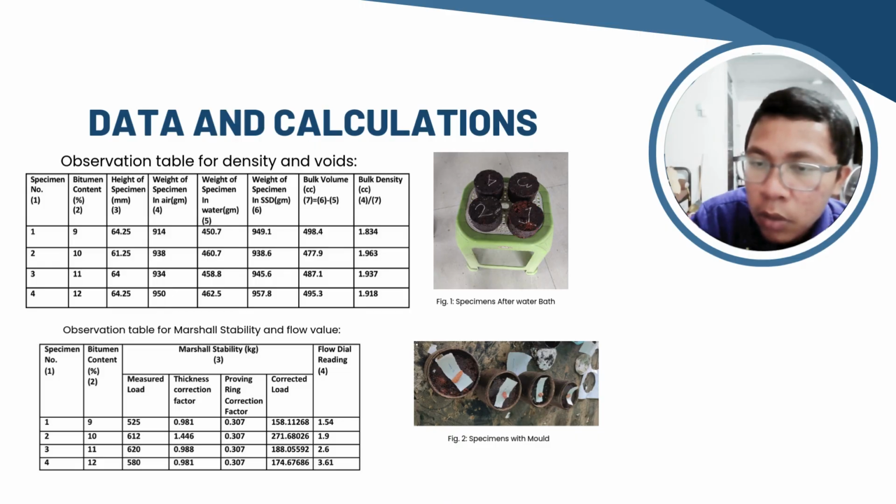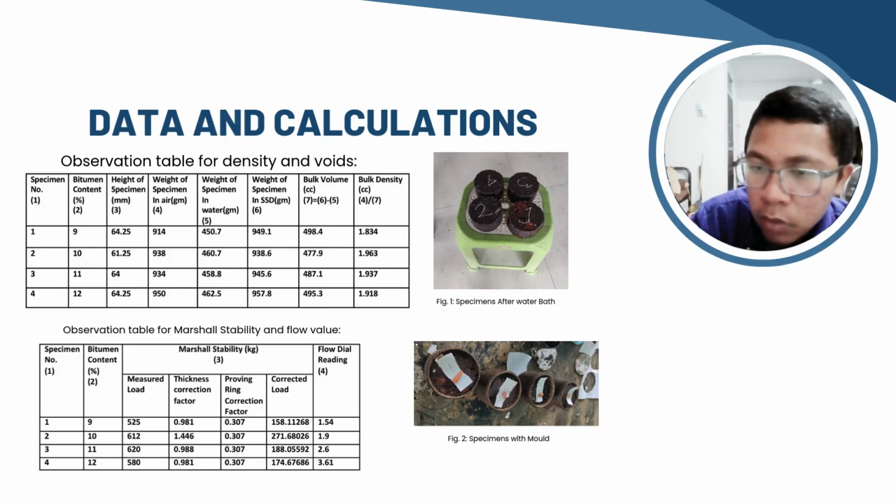The corrected load, representing the Marshall stability, varies across the specimens, with specimen 2 showing the highest value. The flow dial reading, indicating the deformation of the specimen under load, also varies, generally increasing with higher bitumen content in this dataset.